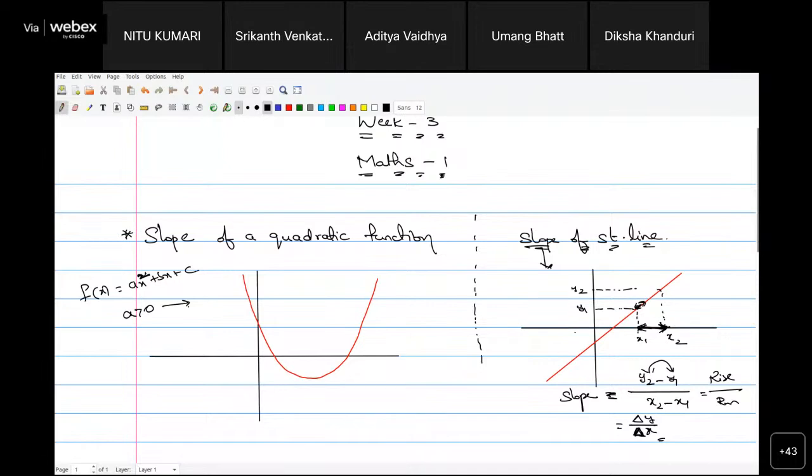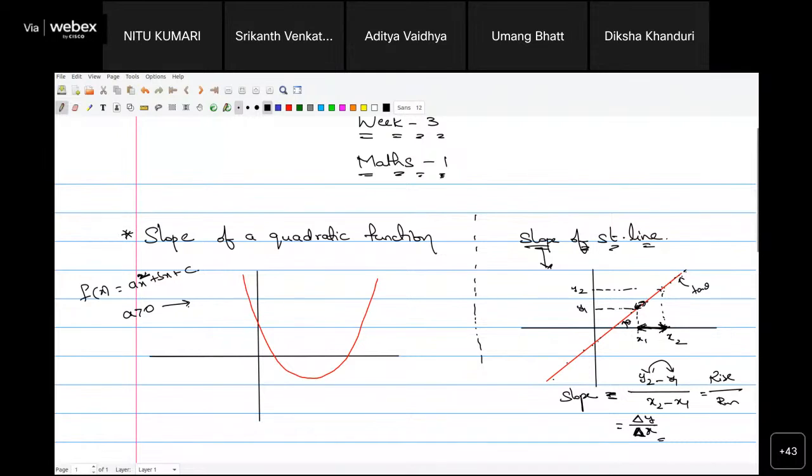In a straight line, at any point the slope is constant, correct? If you take any point, if this is theta, the slope will be tan theta only. So a complete straight line has a unique slope at every point.